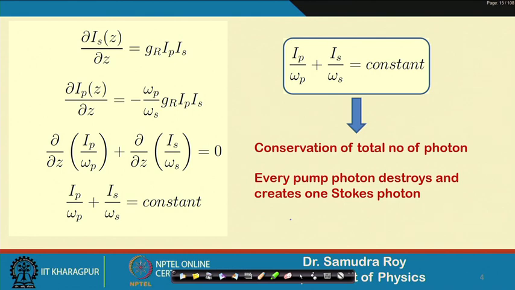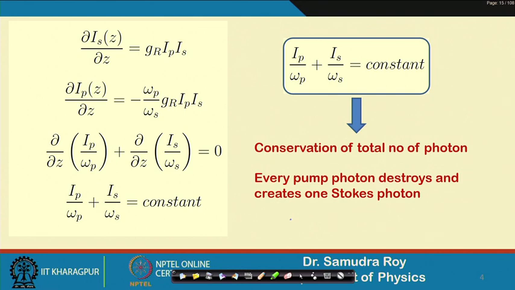But before going to the solution, we would like to remind once again what these two coupled equations basically suggest, which is very important. It suggests that one particular component, I p divided by omega p plus I s divided by omega s, is constant.